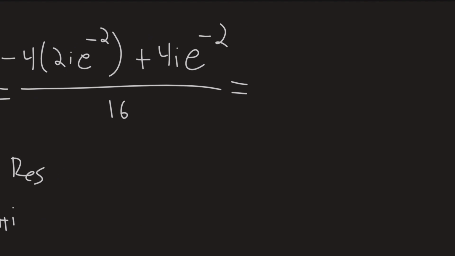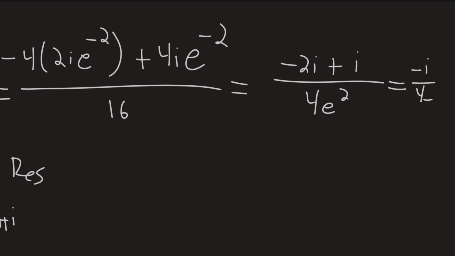And I'm also going to factor out e. So what we're really going to have is a 4e squared on the bottom, and on the top we're just going to have a minus 2i plus i I believe. Yes. And this right here is just equal to, by addition, negative i over 4e squared.